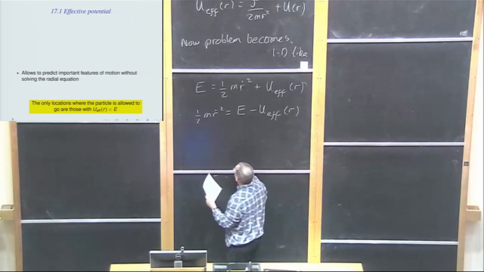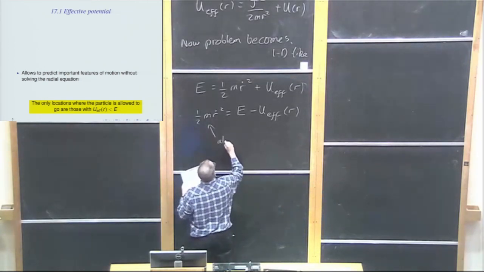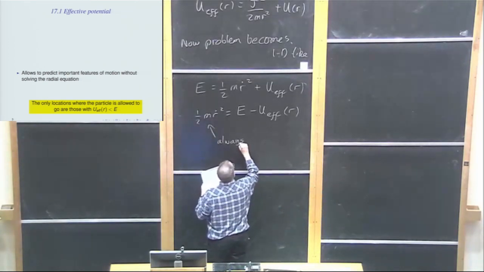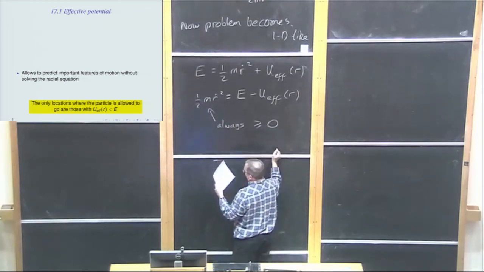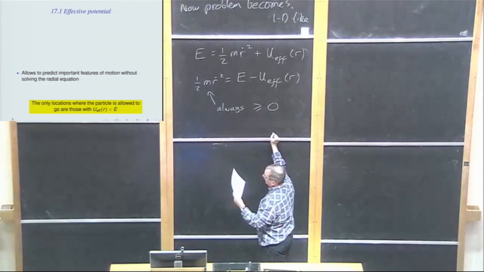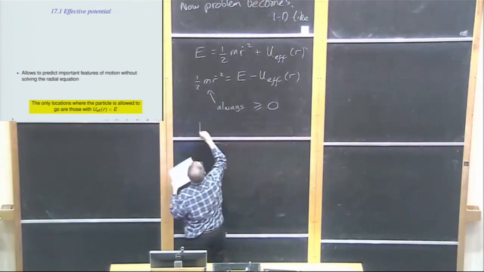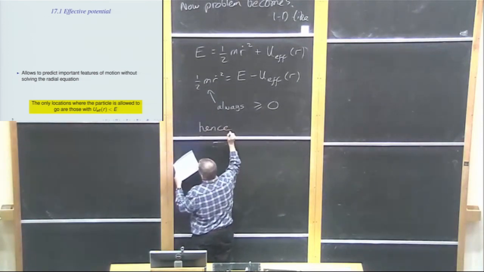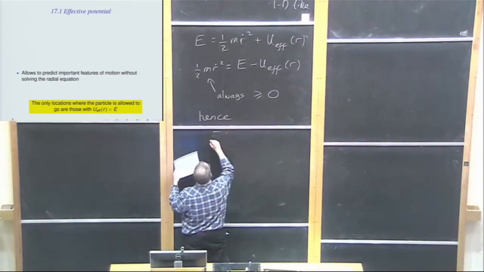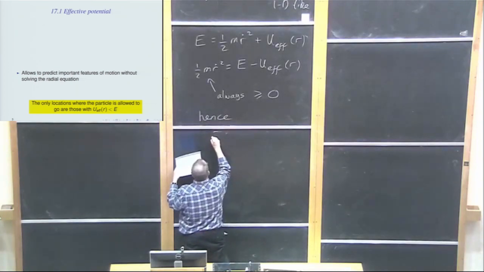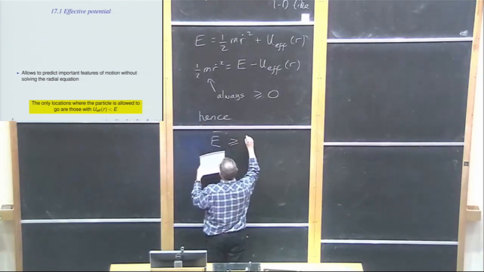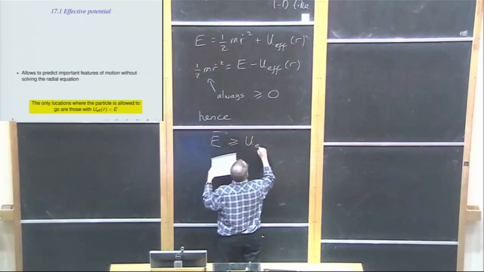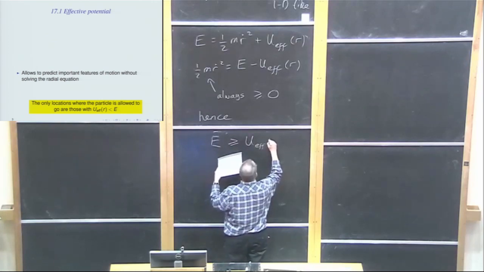So this is always greater than or equal to 0, and this tells us that the energy, therefore, must always be greater than or equal to the effective potential.